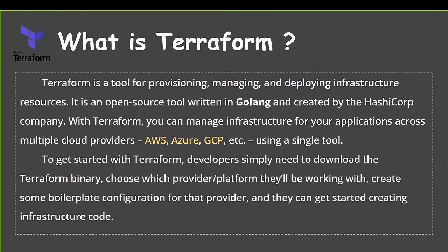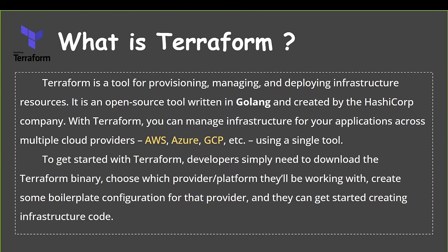Terraform is a tool for provisioning, managing, and deploying infrastructure resources. It is open source, written in Golang and created by HashiCorp, the company which owns it. It can manage the infrastructure of your applications across multiple cloud providers like AWS, Azure, GCP, Alibaba, and many more.